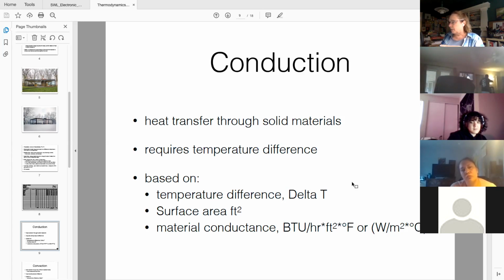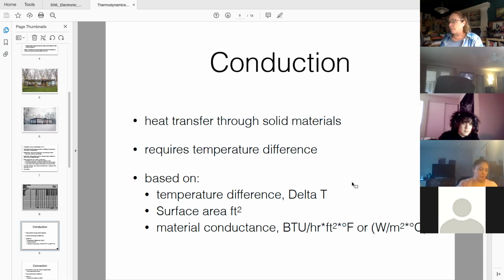To calculate conduction, you need your delta T, plus your area of material in square feet, plus a material conductance, which is a value associated with different materials. There are different charts where you can look that up.